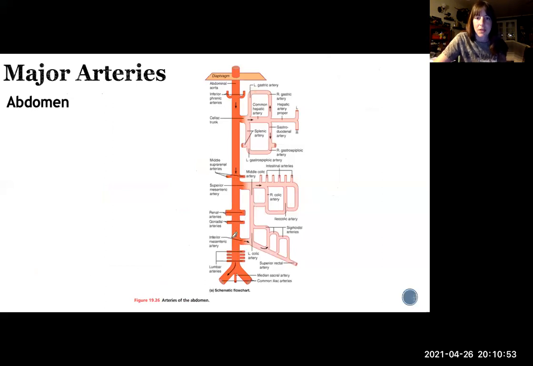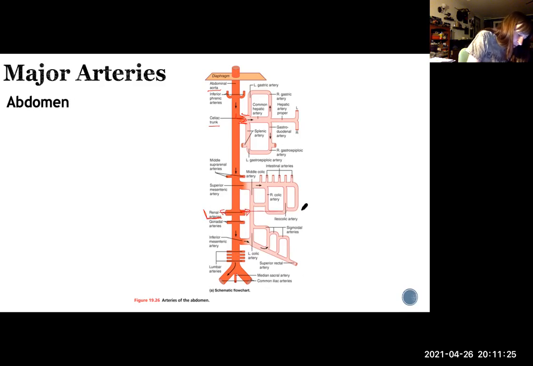Okay, here's the schematic for everything under the diaphragm, down to basically the split before we get to the legs. Okay, so this is the abdominal aorta, this whole thing, all the way down. Okay, we do wanna know about the celiac trunk. So this branch right here. We also want to know about the renal arteries right here. Since we're going to be talking about the urinary system, that's important.